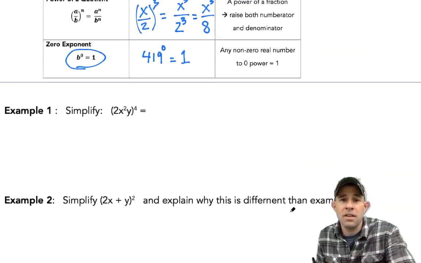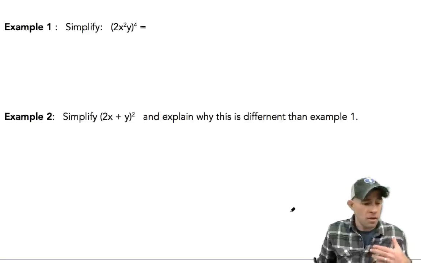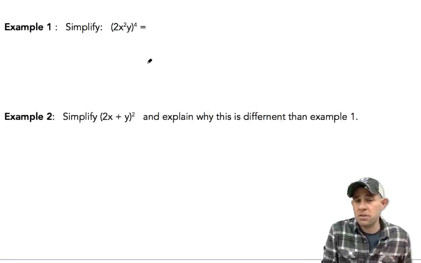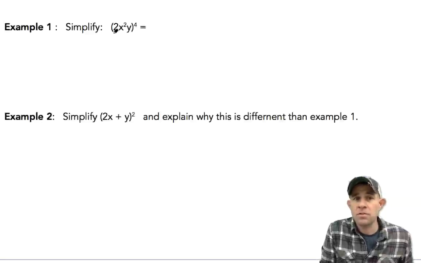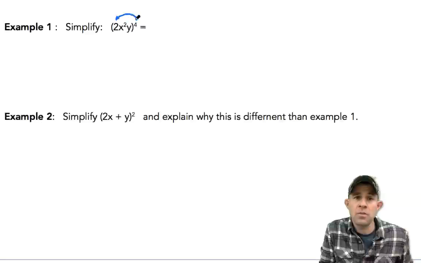All right, let's take a look at a few examples from our notes and see how we can use these properties to simplify some expressions. Our first one says we're going to take 2x squared y and raise it to the 4th power. So we need to make sure that this power is distributed to each one of these bases. That's the 2, the x squared, and the y.